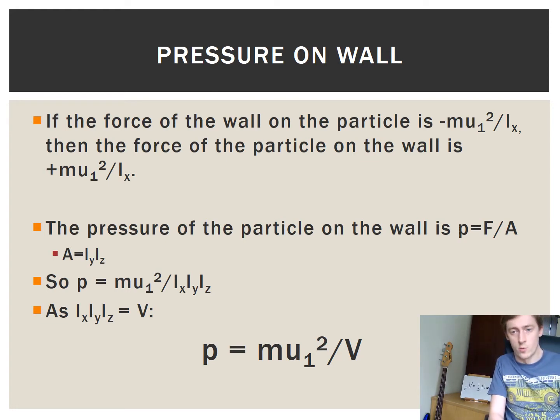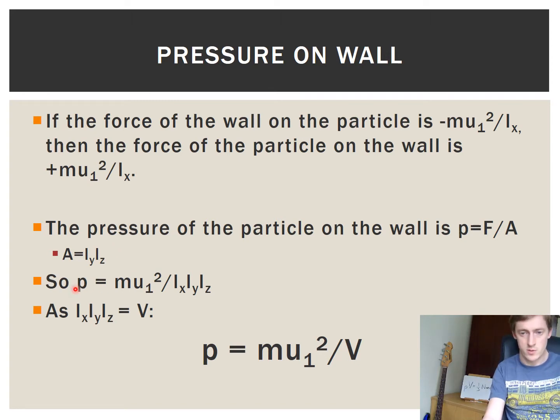So now we know the force on the wall. We can work out the pressure, because pressure is force over area. We already have the expression for the force, and we're going to divide that by the area. If you remember from before, we're moving in the x direction, along Lx. So the size of this wall is Lz times Ly, and the area is Ly Lz.